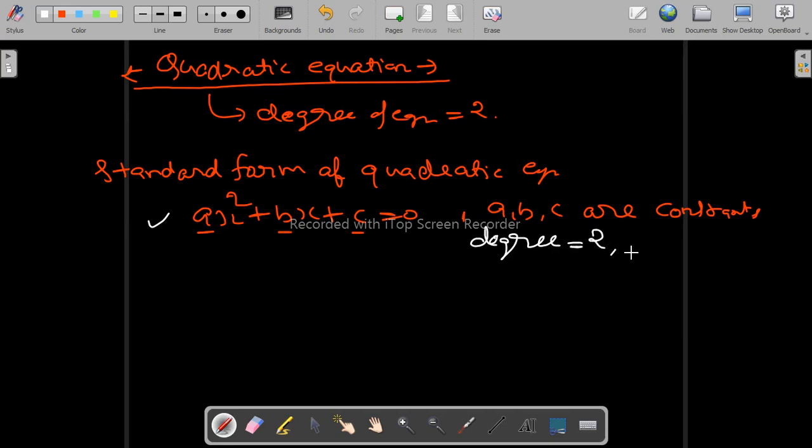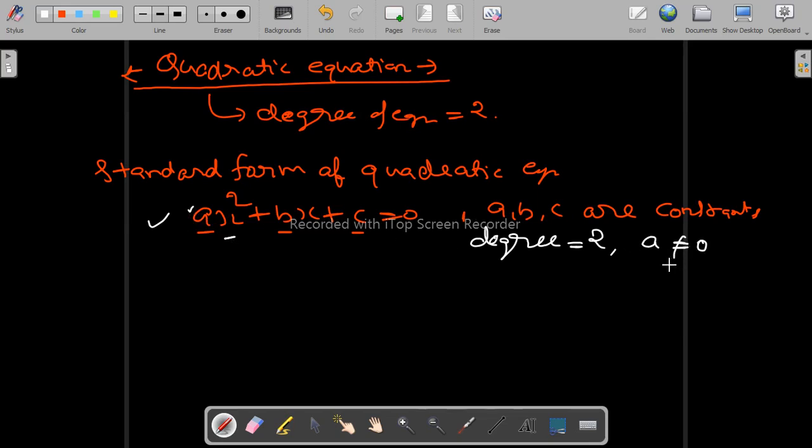One more condition for a quadratic equation: a, b, c are the coefficients of x square, x, and the constant term. The values of b and c may be anything, but the coefficient of x square, which is a in this case, cannot be 0.